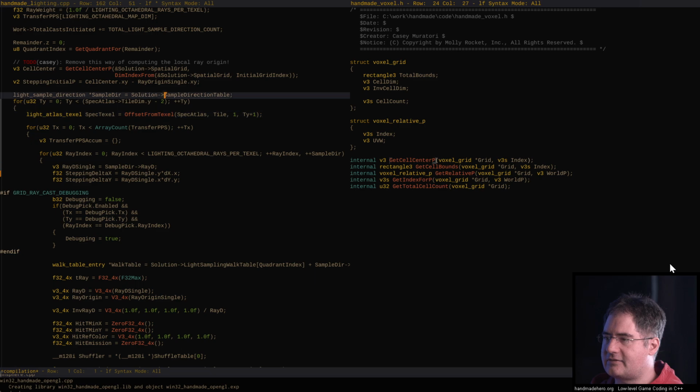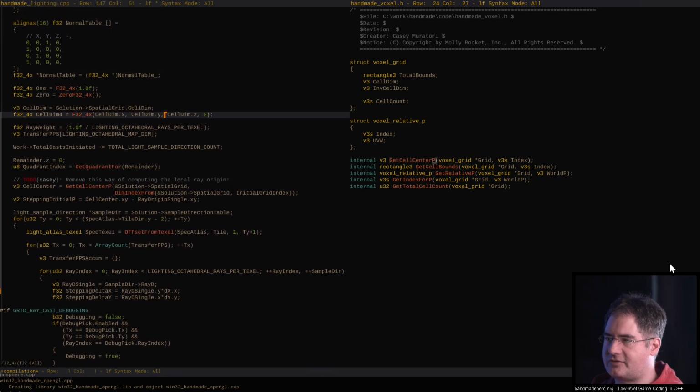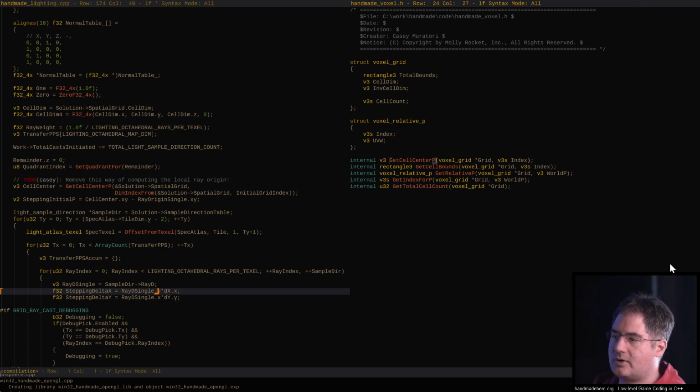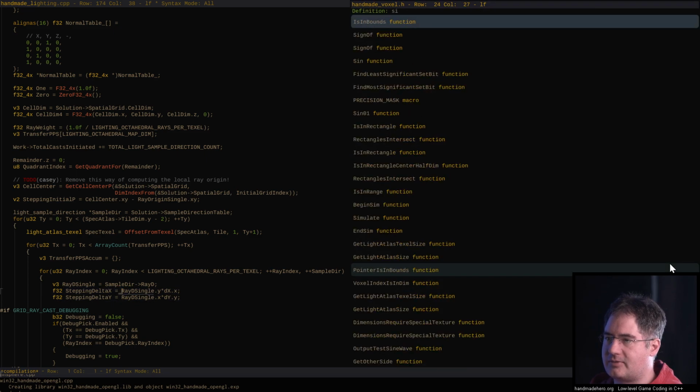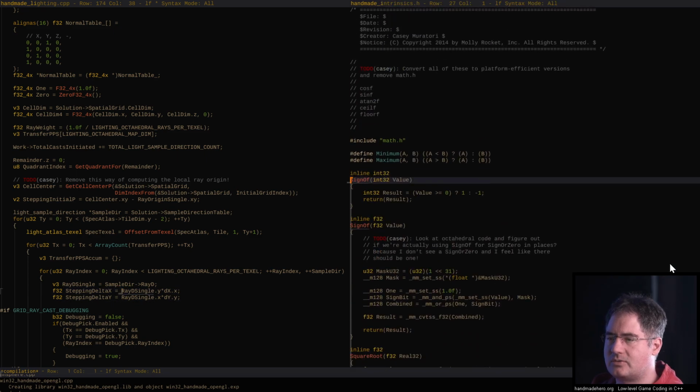And then these dx, dy values are just the sign of the ray direction. So whatever the sign is of the corresponding ray direction, and I don't actually know, I think we can just call this right here, right?